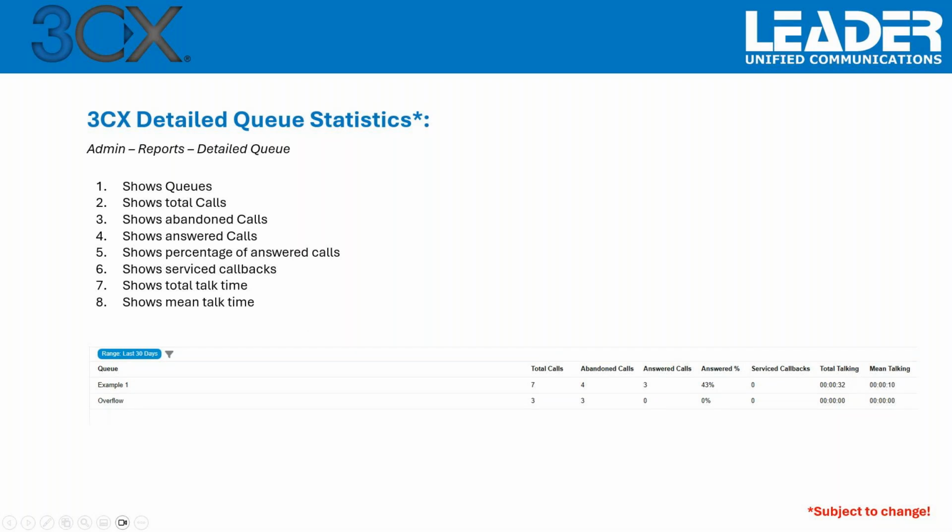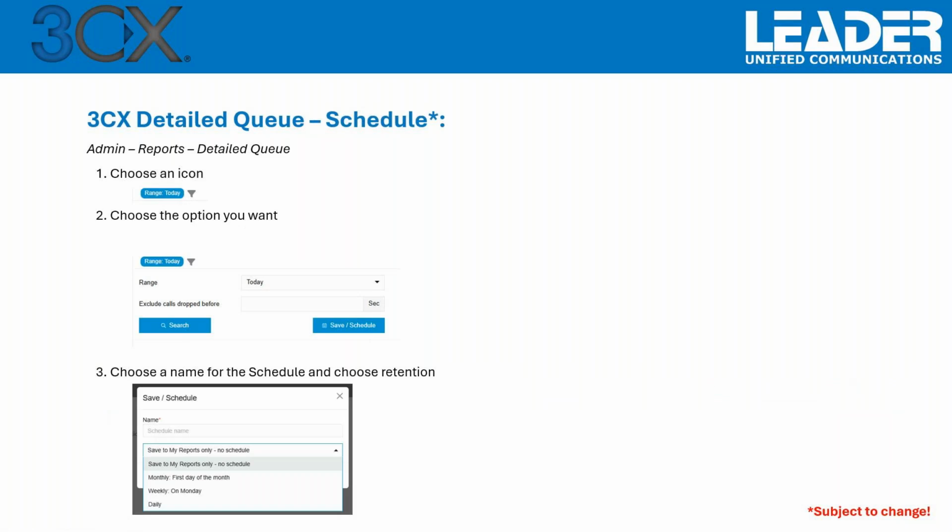Again, when we look at the filter, we cannot say filter all queues that have an average talk time of 2 minutes minimum. There's nothing where I can say in the filter, show me that, where you could actually see the performance, for example everything that is above 2 minutes of talk time, or everything that is above 30 seconds answer time or call wait time.